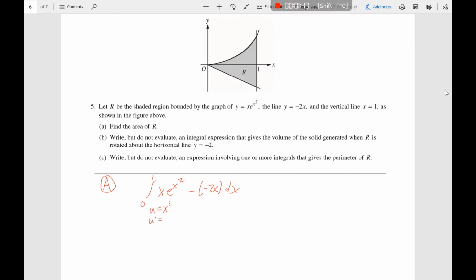Then u prime is what? 2x dx. Okay, so what will happen if I integrate x e to the x squared?